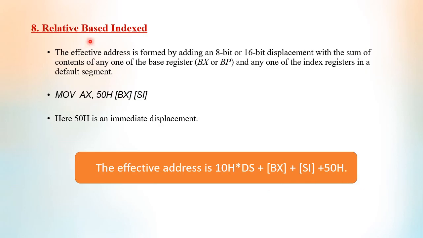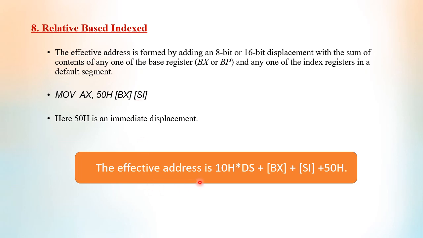Next addressing mode is the relative based indexed addressing mode. Let us look at an example first. MOV AX, 50H[BX][SI]. Here we can see an 8-bit or 16-bit displacement, any one of the base registers, it can be BX or BP, and an index register, SI or DI. We have to add the values of the displacement, the base register and the index register to find the actual physical address.